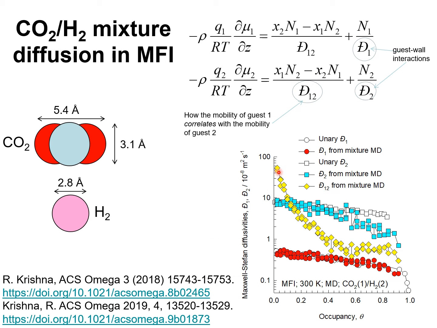Let's have a look at the D12 term. At very low pore occupancies, the magnitude of the D12 term is significantly higher than D1 and D2. In other words, this implies that at very low occupancies, these two terms can be neglected in comparison with the terms that represent guest-wall interactions.